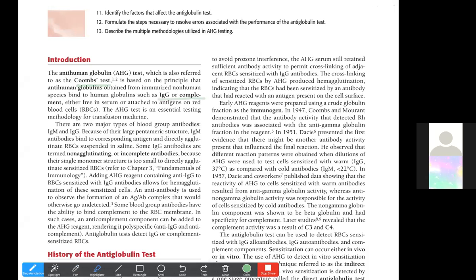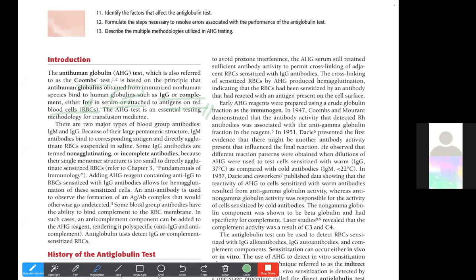It could be IgG or IgM, and this could bind to the human globulins such as IgG or complement, either free in serum or attached to the antigens on the red blood cells. So when they're attached to the antigens, we could use it as a direct Coombs test, and if they are free in serum, this Coombs reagent could be used as an indirect antiglobulin test.